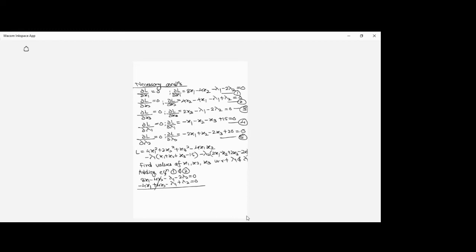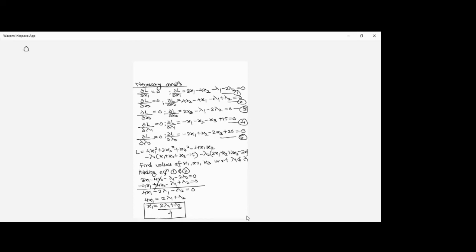Here you will have 4x1 − 2λ1 − λ2 = 0, right? I'm hoping that you are getting this. Further, I can write this as 4x1 = 2λ1 + λ2, so x1 = (2λ1 + λ2)/4. So I have found out x1 with respect to λ1 and λ2.